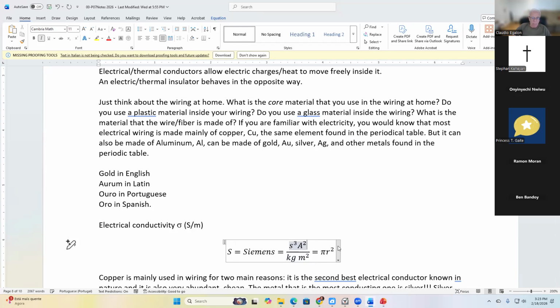Let me tell you what ampere is. We didn't cover the unit ampere yet, but we have already covered the other units, right? The unit of ampere is what? It is coulomb, the unit for charge, divided by second. Coulomb becomes squared, second becomes squared.